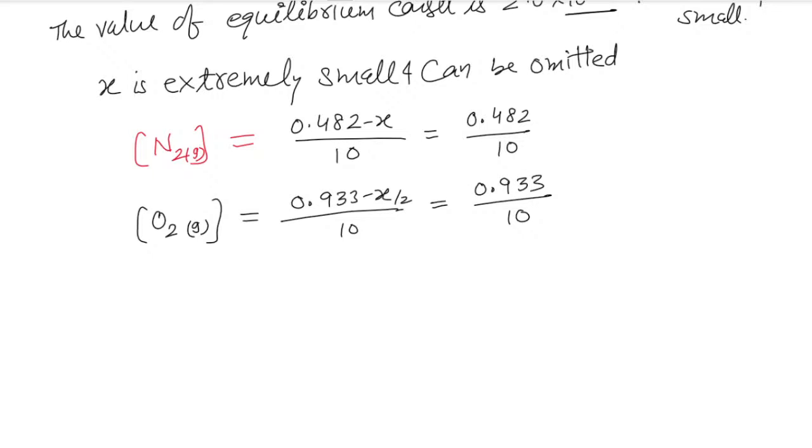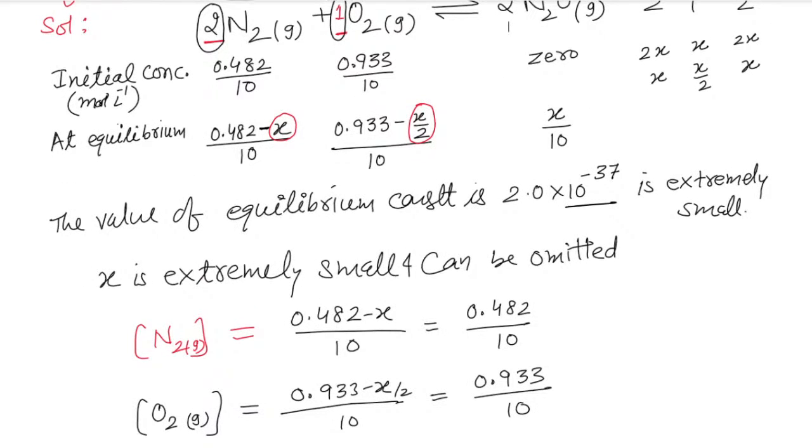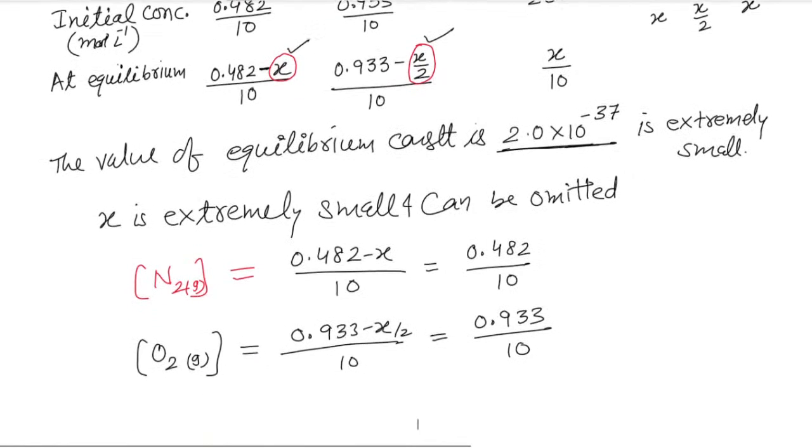I said that value of Kc is very less. So, as value of Kc is very less, it can be neglected. It is extremely small. That is why a very small amount of reactants have reacted, which are almost negligible as compared to 0.482 of N2 and 0.933 of O2. So, we can omit X as far as reactants are concerned.